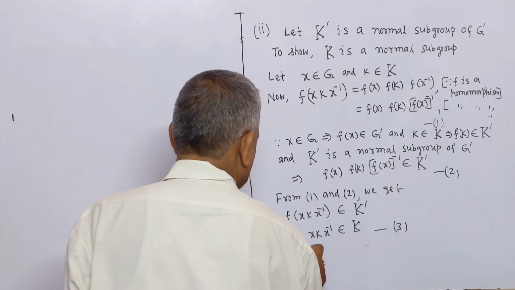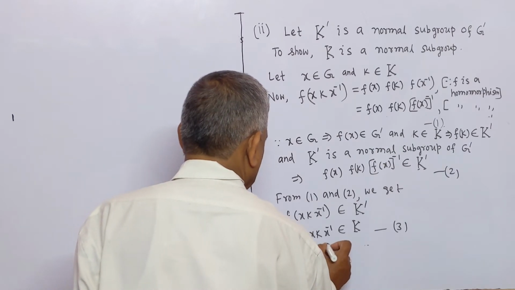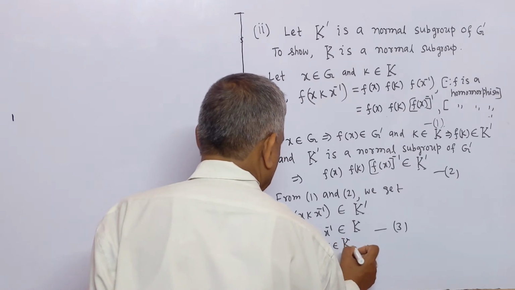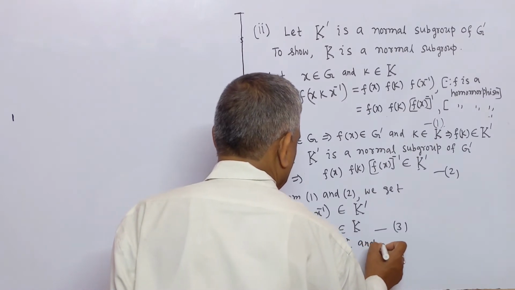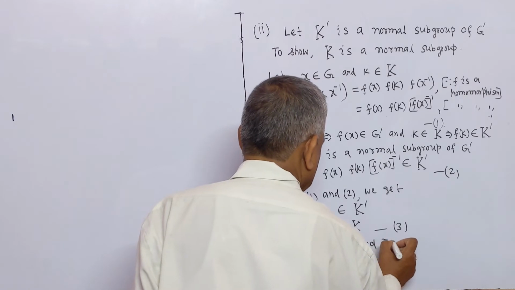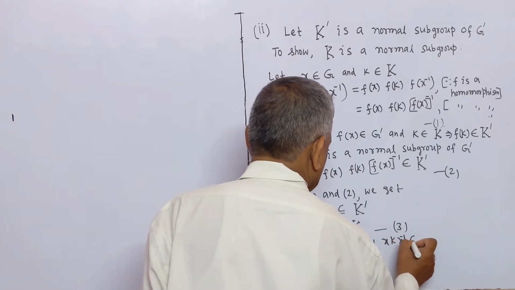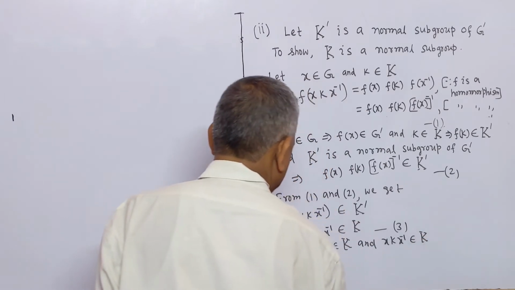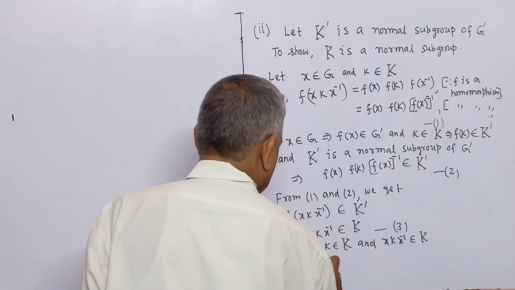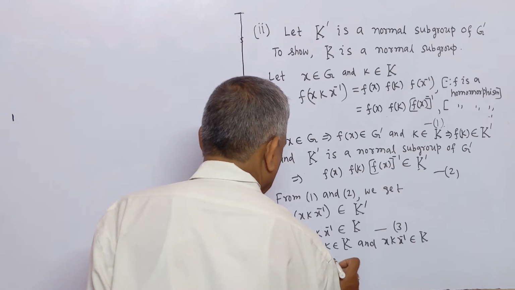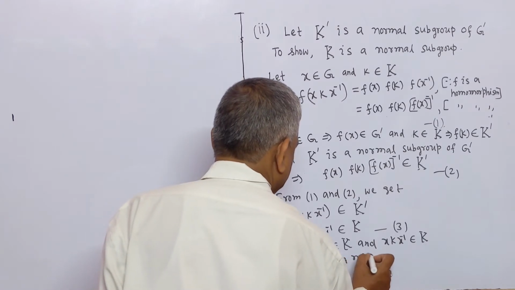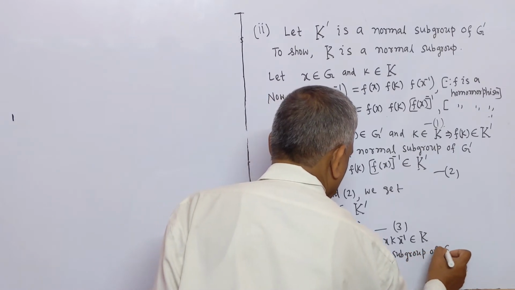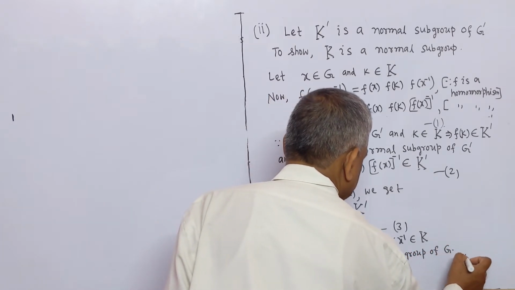Therefore, x belongs to group G, small k belongs to subgroup K, and from 3, x k x inverse belongs to K, which implies that K is a normal subgroup of G. Proved.